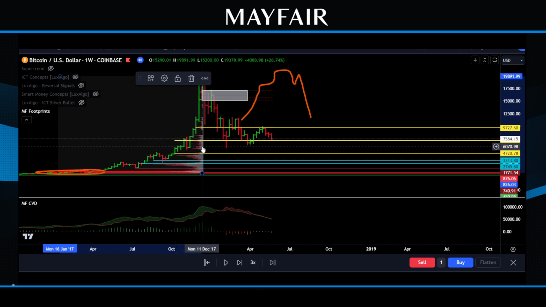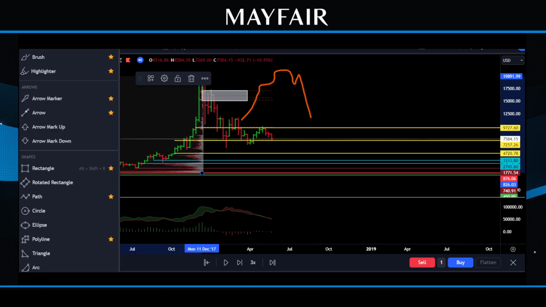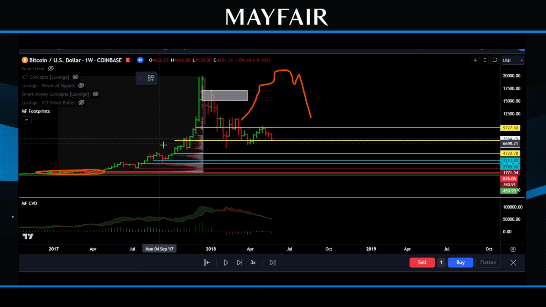But what you'll find is that these footprints are the high volume nodes. You see the high volume. These are the high volume nodes in an actual profile.